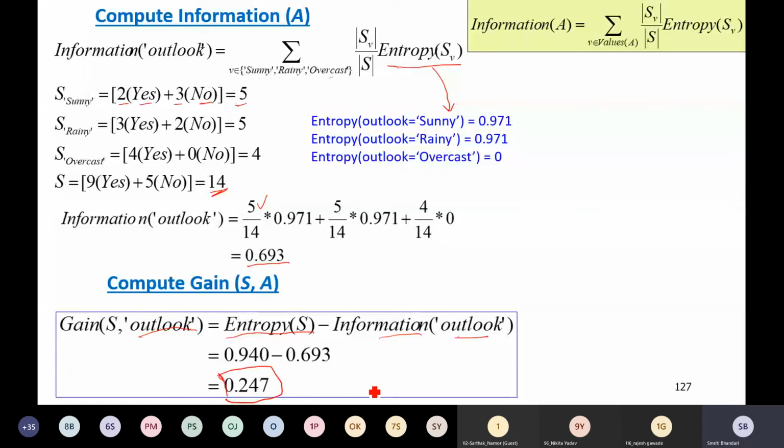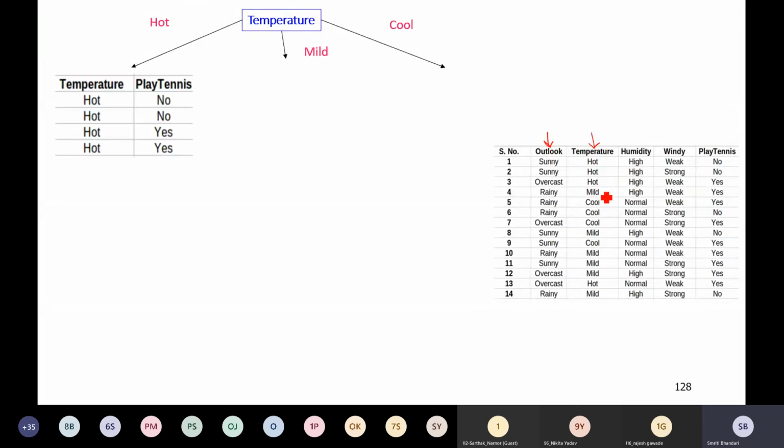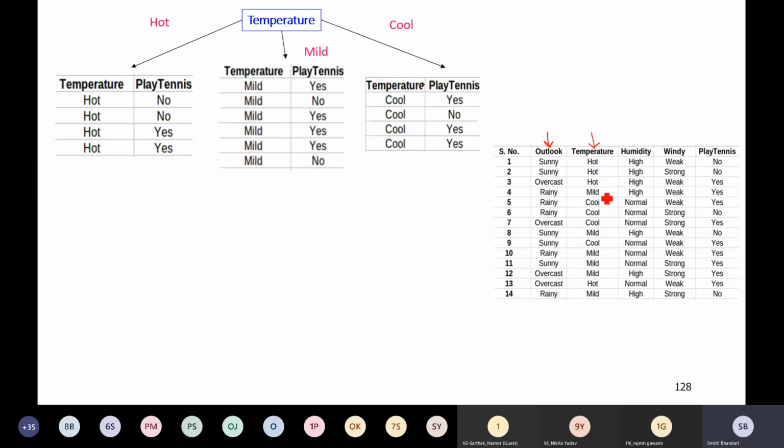We need to follow the same steps for all the attributes in our data set. What do we mean by that? We have this data set, and we are done with outlook. Now the second attribute that we need to consider is temperature. For temperature also, we need to find out the gain following similar steps. For temperature, once again, we have three different values, so we need to find out the subsets, right?